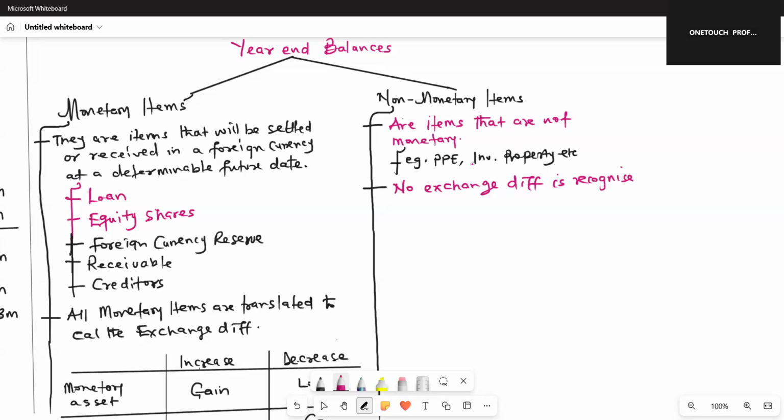Did you get it? So no exchange difference is recognized on non-monetary items at year end.